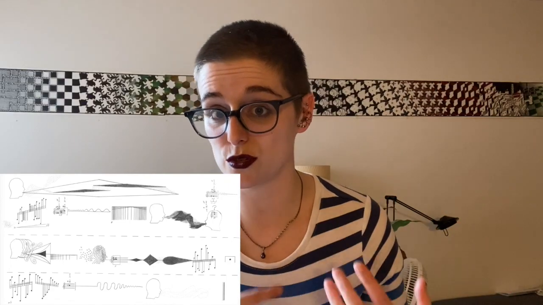And I think that's the biggest thing with graphic scores: it is your interpretation, and as long as you're following the composer's directives, it's a valid interpretation. If you're ignoring everything they told you and you're not really looking at what's on the page, then probably not a valid interpretation. But if you're trying to interpret what the composer wrote and you're following whatever limitations or restrictions they put on the piece, pretty valid in my opinion.